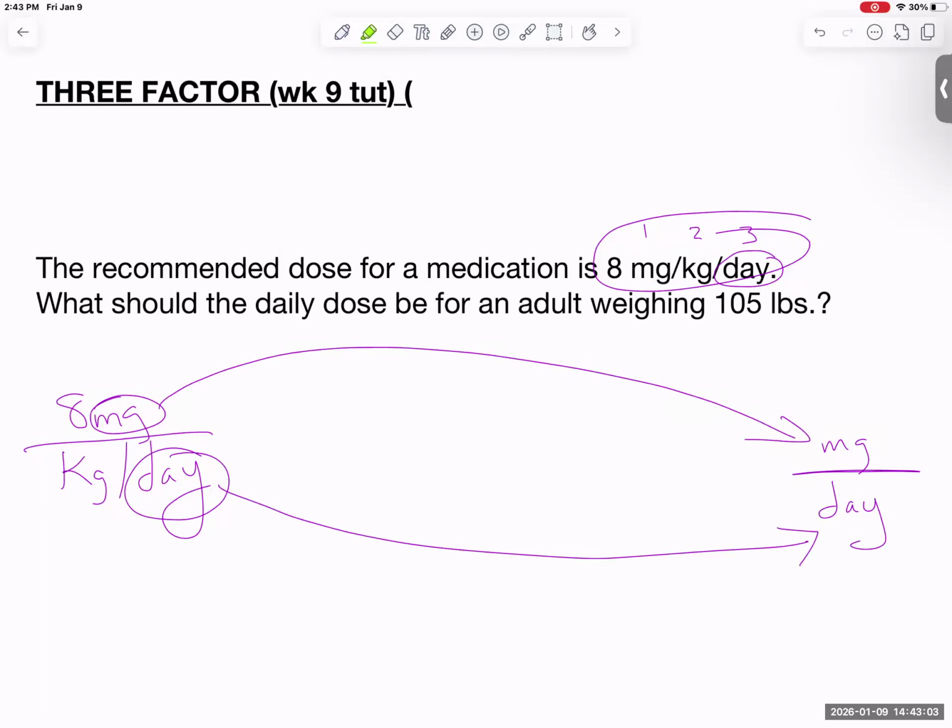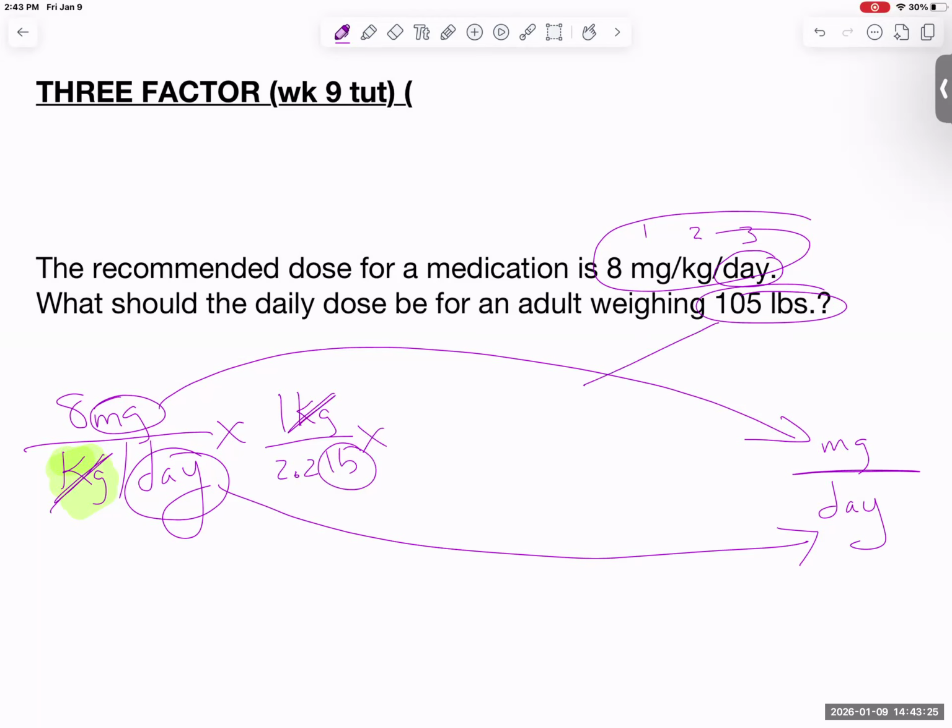Convert the pounds to kilos. That's right. I got to get rid of this crusty little kilogram right there that's blocking my success. So the patient's weight is in pounds. 1 kilogram is 2.2 pounds. Crosses off my kilograms. So now I got to get rid of pounds.